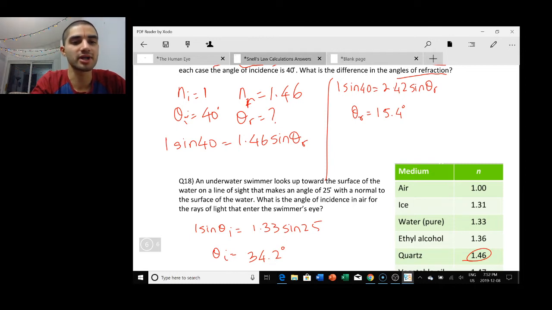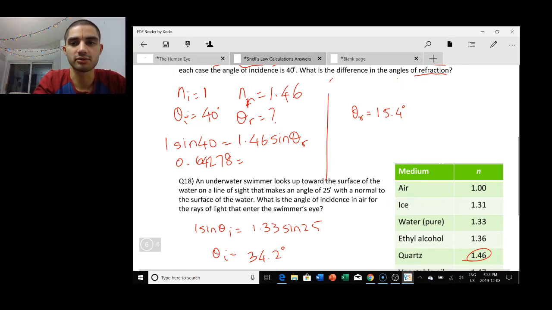Okay, so I'm going to put 1 times sine 40 into my calculator. I get 0.64278. That equals 1.46 times sine theta r. Ignore this, this is for the diamond part. And again, I won't ask you to do a double calculation for one question.